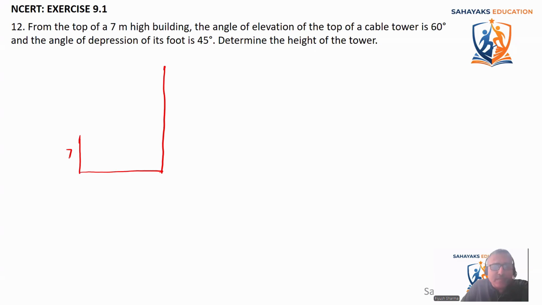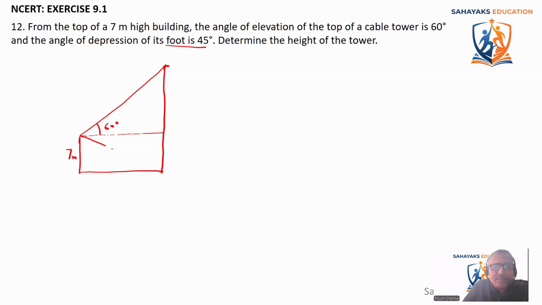The height of the building is 7 meters. When we say the angle of elevation, this is the tower here. The angle of elevation to the top of the tower is mentioned as 60 degrees, and the angle of depression to the foot is 45 degrees.